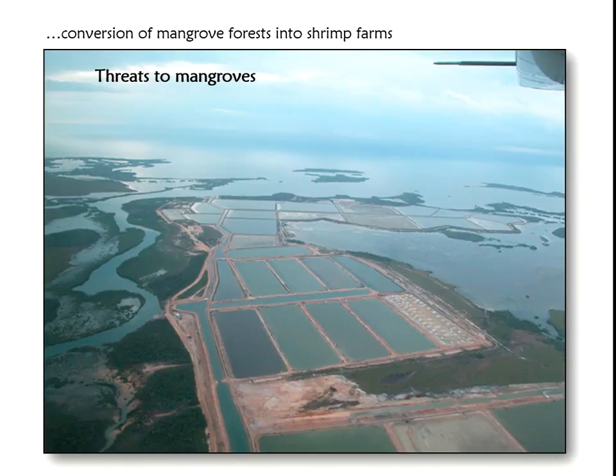But there were these guys, in the mid-'60s, a couple of guys down at the University of Miami, Bill Odum and Eric Heald, both of them PhD students working on mangroves, and they published a couple of papers that rocked the world, I think. They documented that mangrove carbon, mangrove detritus, was fueling the marine food web, and these commercial fish that were driving a large part of the economy of Florida were dependent on those mangroves to provide this detritus.